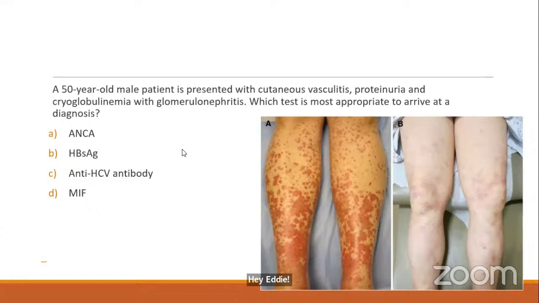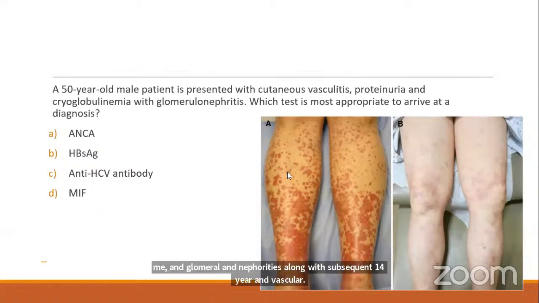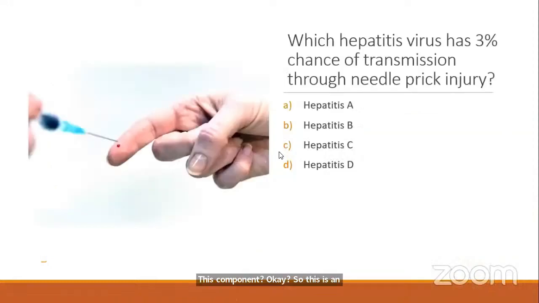This is a typical extrahepatic manifestation seen in hepatitis C viral infection, wherein you can see cryoglobulinemia and glomerulonephritis along with subsequent proteinuria and a vasculitis component. Okay, this is a usual question which is asked for AIIMS examinations, etc.